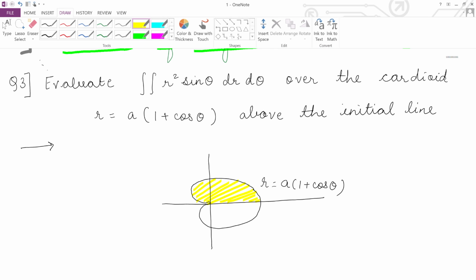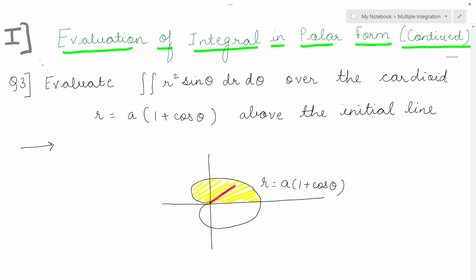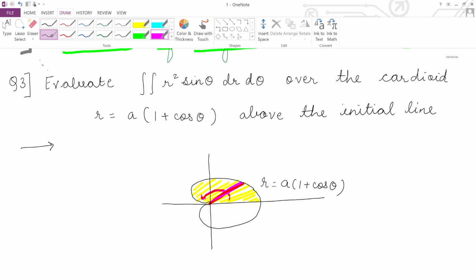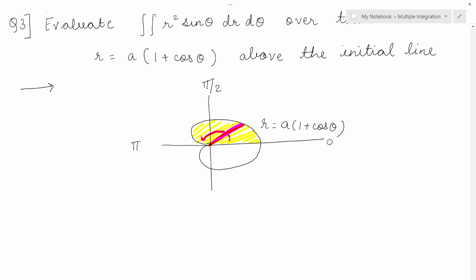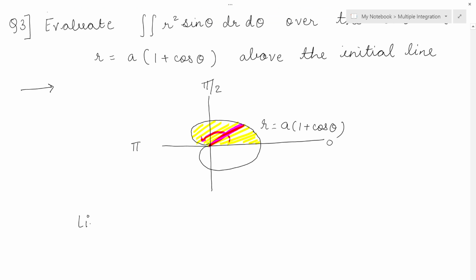Okay, so let us take a radial strip. Now radial strip, it will start from the origin, right, and it will move in anti-clockwise direction, that is this direction. You know it very well that this is 0, this is pi by 2 and this is pi. So now let us find the limits.